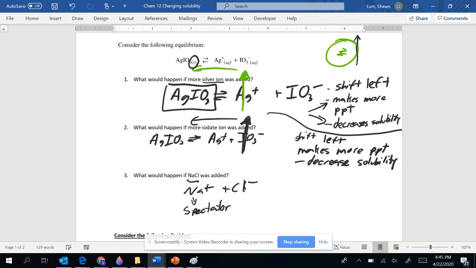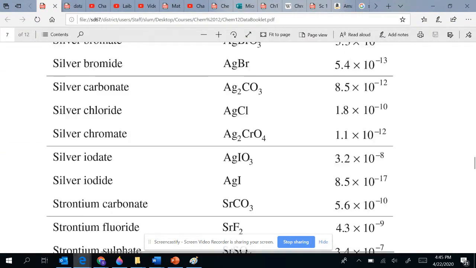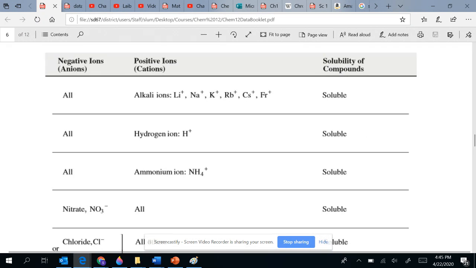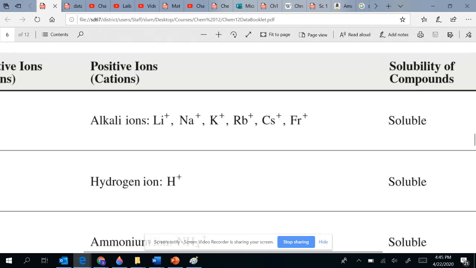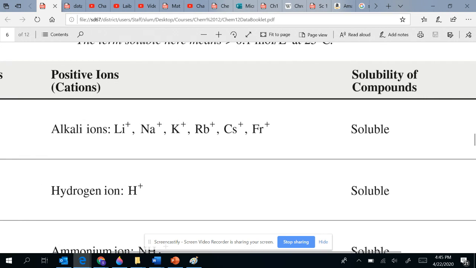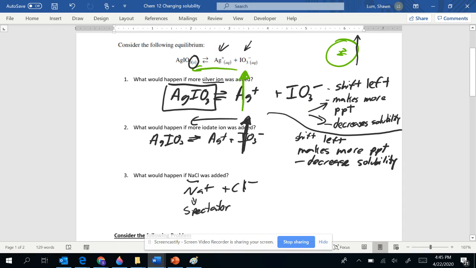It's not going to react with Ag. It doesn't react with IO3. I know it doesn't react with anything because of this table right here. Na with everything is soluble, so Na is not going to be reacting.